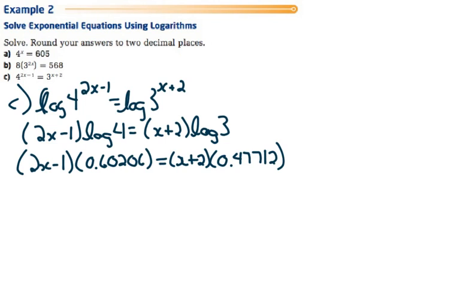And then we'll have to distribute that decimal into each of those brackets. So 2x times 0.60206, we can do the 2 times 0.60206 is going to give us 1.20412x. Multiply into the minus 1, so subtract 0.60206.